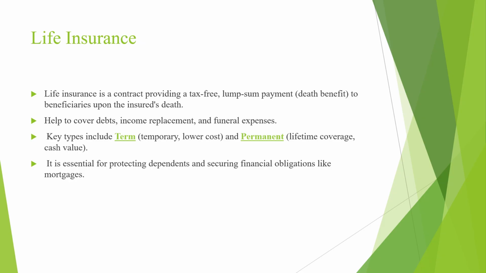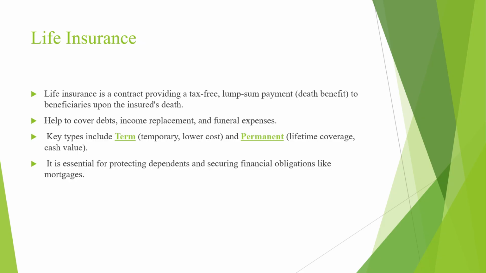Now, talking about types of life insurance. There are basically two types: term or temporary life insurance, and permanent, which we call lifetime coverage or cash value life insurance. I'm not going to go into much detail about term and permanent insurance, it's just a type of insurance.